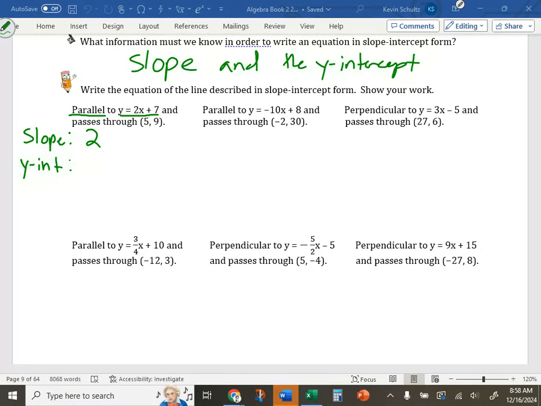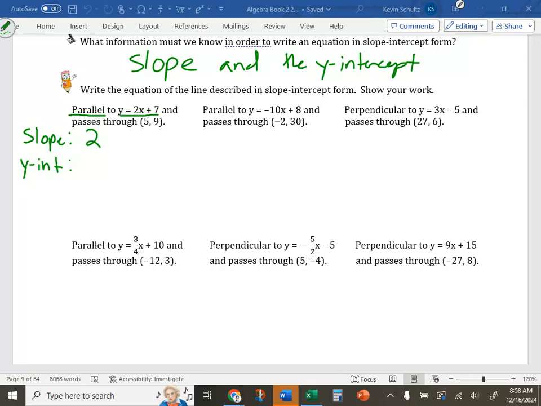Your line has to pass through 5, 9. It says that the y-intercept is 7. So the line I'm giving you has a y-intercept of 7, yes. I want you to write the equation of a line that's parallel to this line, and your line has to pass through 5, 9.